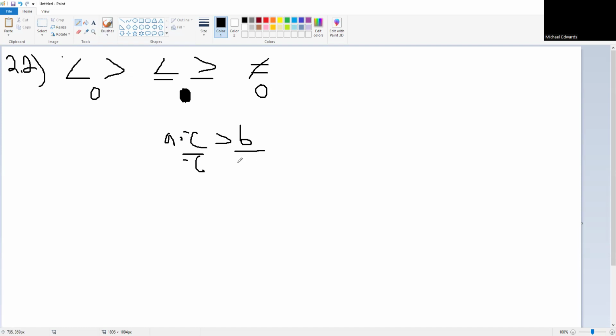We divide the negative C out, but we also have to change the way this moves. So this actually becomes A less than B over negative C.